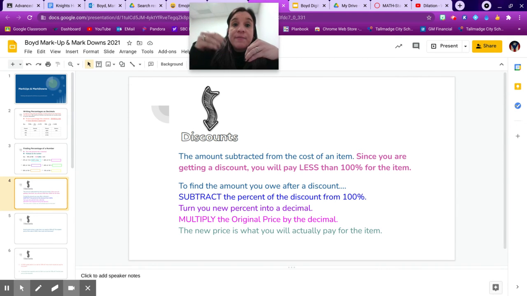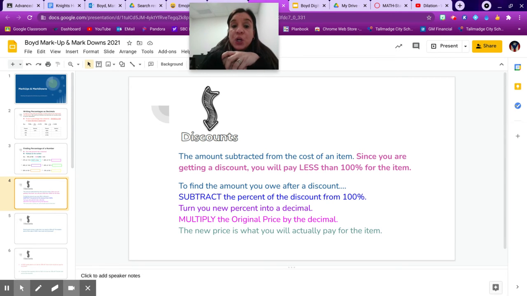I'm getting 25% off, so I'm really only paying 75% for the item. All right. So the first thing you're going to do on a discount problem is to find the amount you owe after a discount. You are going to subtract the percent of the discount from 100%.